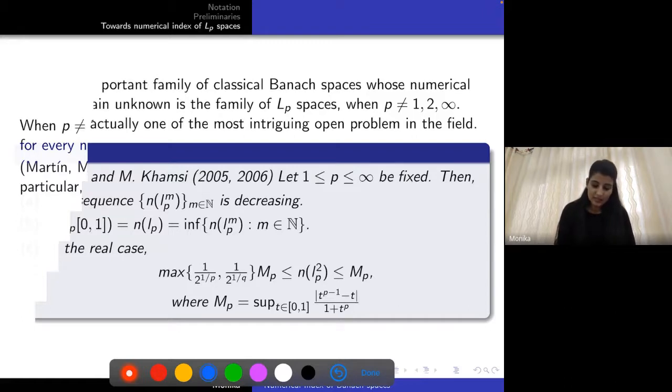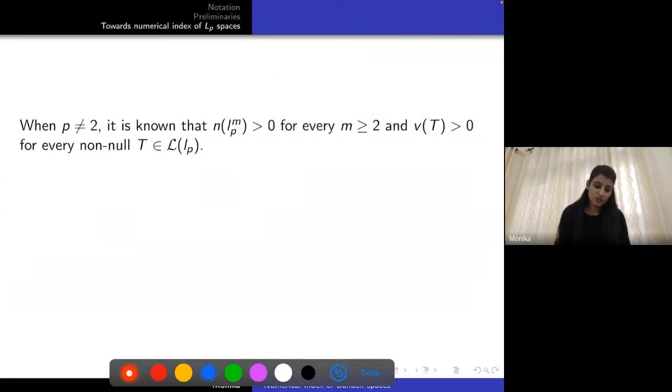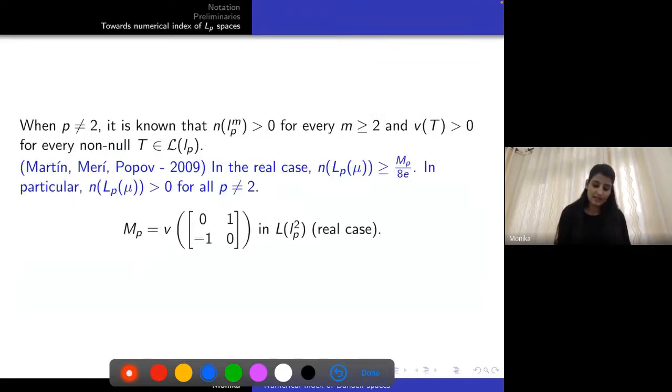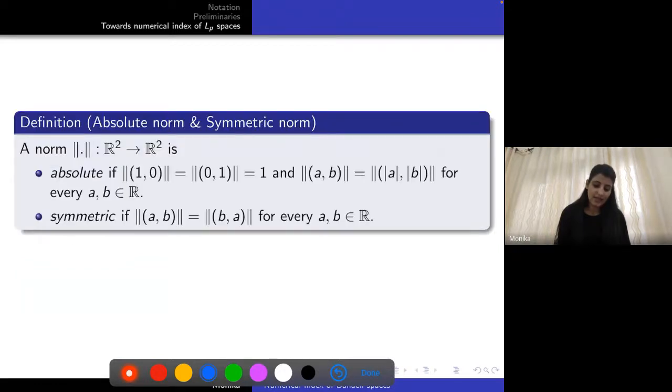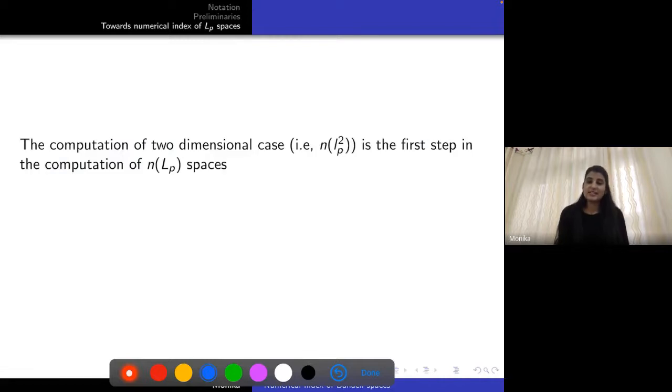In particular, we are first trying to compute the numerical index of L_p^2, meaning m equals 2. The computation of the numerical index of L_p^2 is our first step towards the computation of the numerical index of L_p space. But actually, this is the most important step.